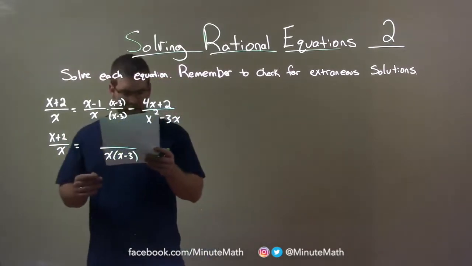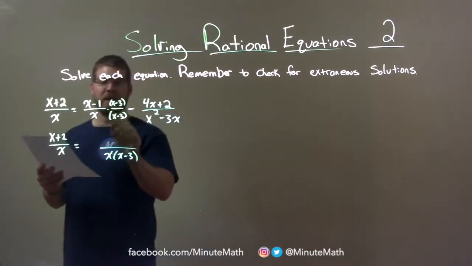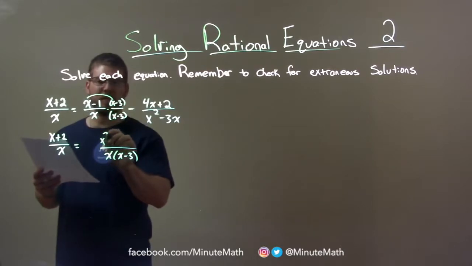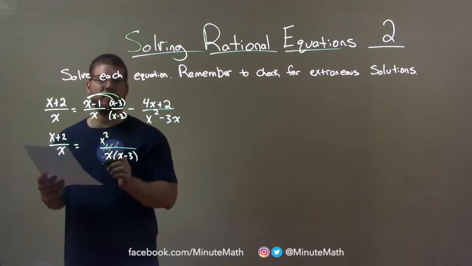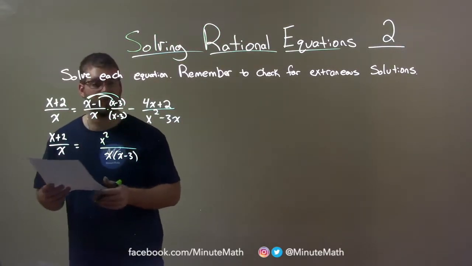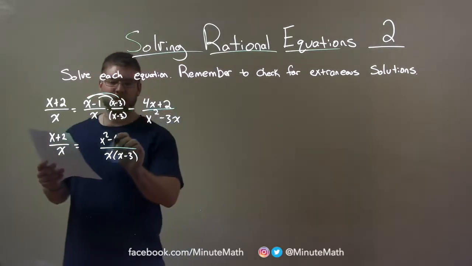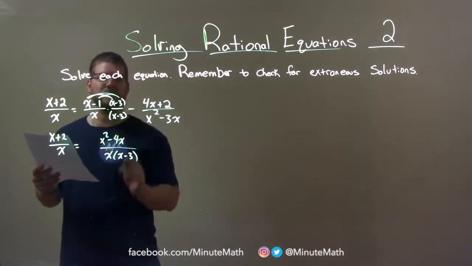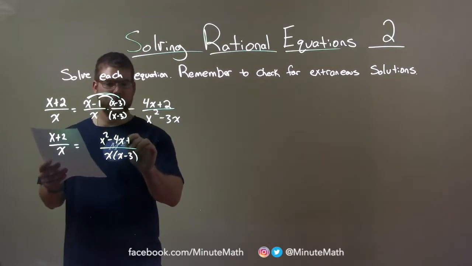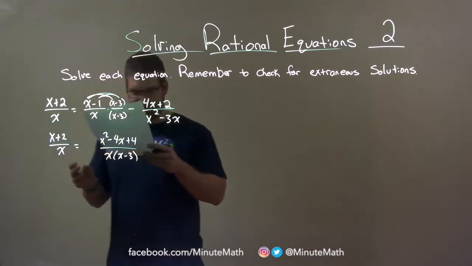The numerator, though, we can multiply out. x times x is x squared. x times minus 3 is minus 3x. Minus 1 times x is minus 1x. Together, they make a minus 4x. And minus 1 times minus 3 is a positive 3.